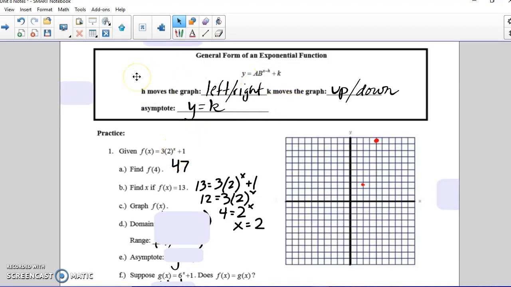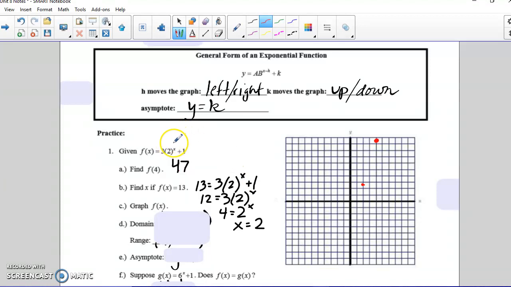So it's not moved to left or right. K moves the graph, though, up or down. So my graph was moved up by 1. Okay? So normally with a base of 2, I would have 0, 1 as my intercept, but now I can't because it's been moved up 1.